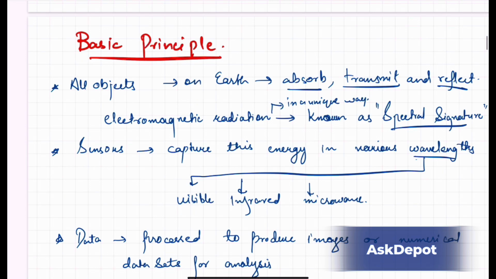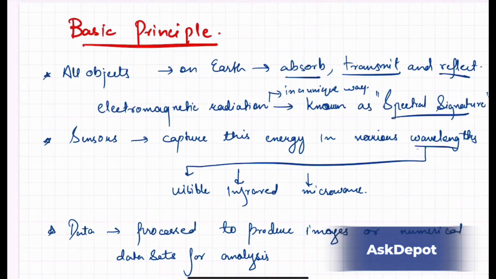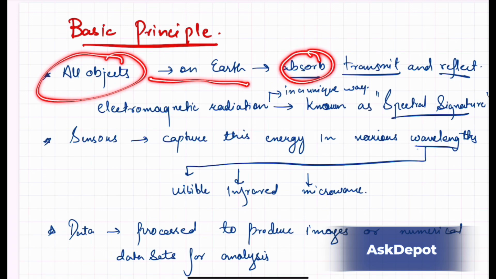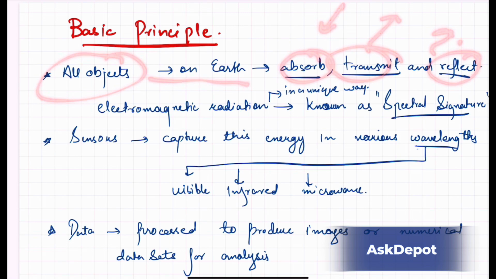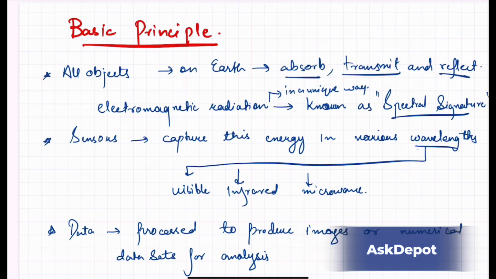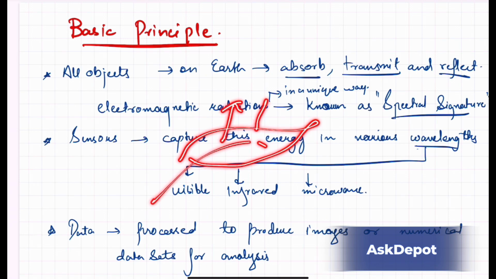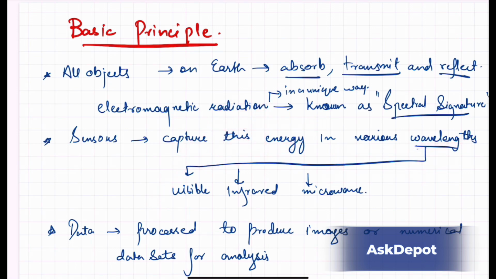So what is the basic principle? As I said, all of the objects that you see on the earth will either absorb, transmit or reflect electromagnetic radiations in a unique way. For example, you have a leaf. The pattern of reflecting, transmitting or absorbing the radiation will be different for a leaf than for snow. So that is how we can differentiate different types of areas, objects or phenomena based on the reflected, transmitted or absorbed electromagnetic radiations.